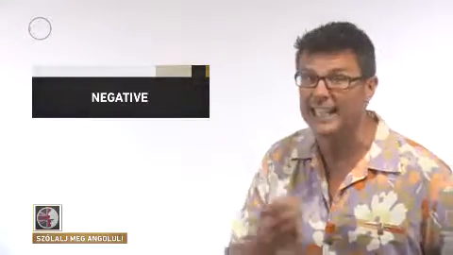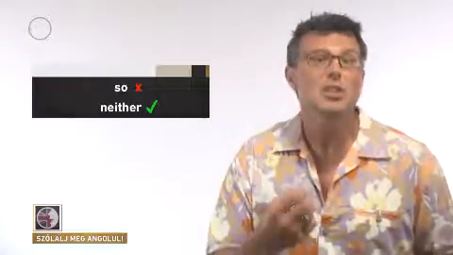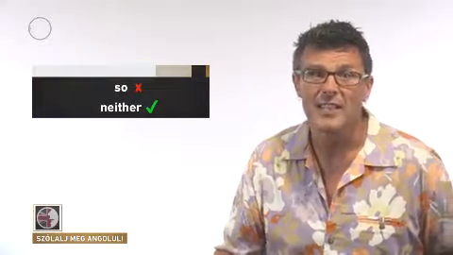Now, this is very simple. We do exactly the same as we do with a positive, but when we want to say that a negative sentence is true for me as well, when we want to show agreement with a sentence where the verb is in the negative, we don't use so, we use neither. That's all. That's it. It's not rocket science.